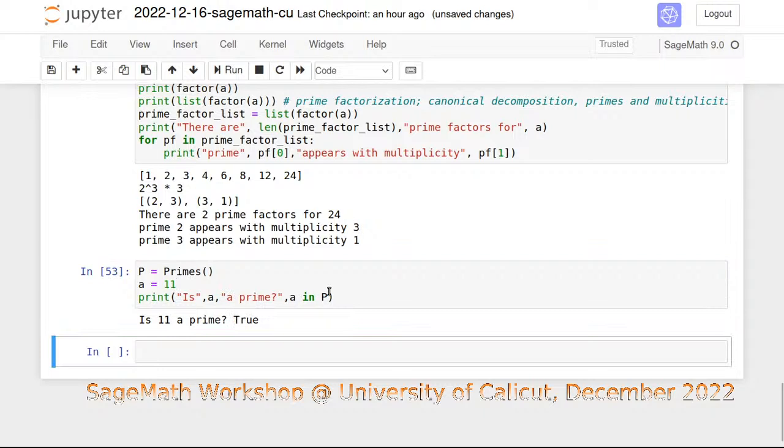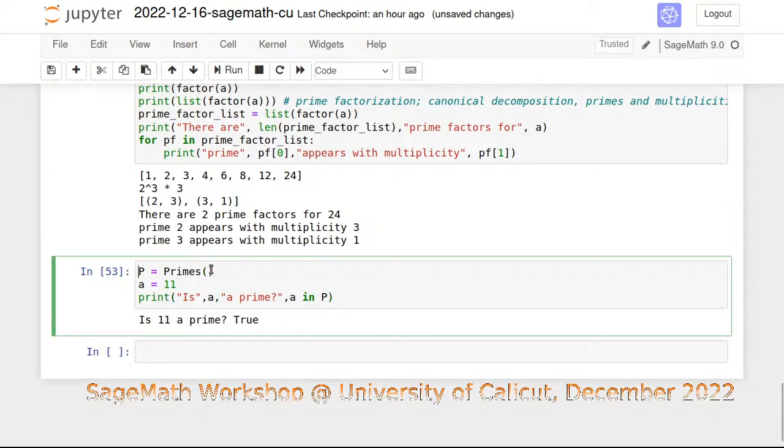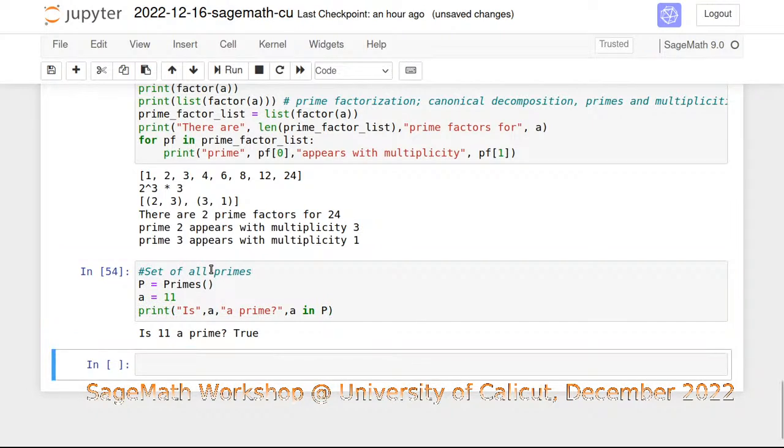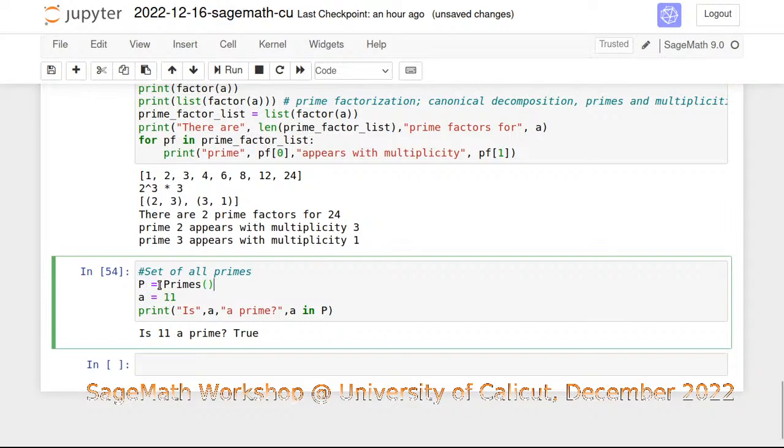For another value the answer is true. So the set of all primes is denoted by this symbol, Primes. To avoid using this repeatedly, we can simply assign it to a variable P. Small p or capital P, that doesn't matter.